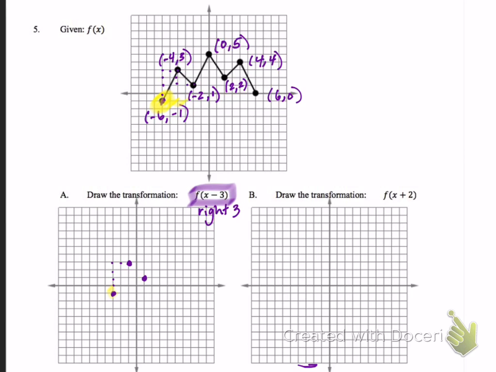Up 4 over 2, down 3 over 2, up 2 over 2, and then down 4 over 2. And then connect your dots. So you could take each ordered pair and go right 3 and then connect the dots if you want, or just recreate your picture.